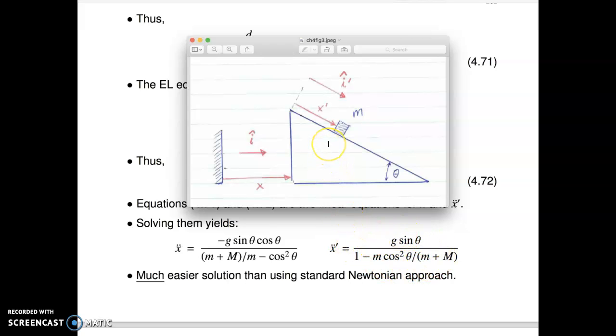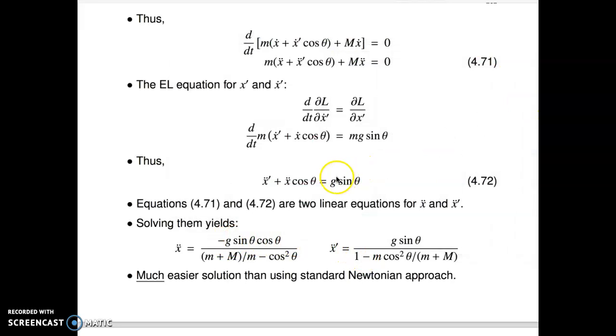Now, the actual acceleration of this mass will be the sum of both of these accelerations. The acceleration of this mass in the lab fixed inertial frame of reference would be the sum of both of these accelerations. Anyway, that's as far as we're going to take the problem. You could then integrate each of these two equations with respect to time and get the position coordinates as a function of time.